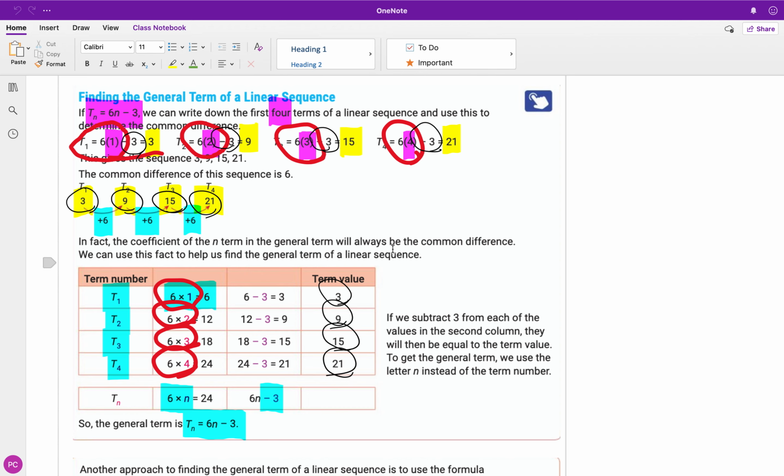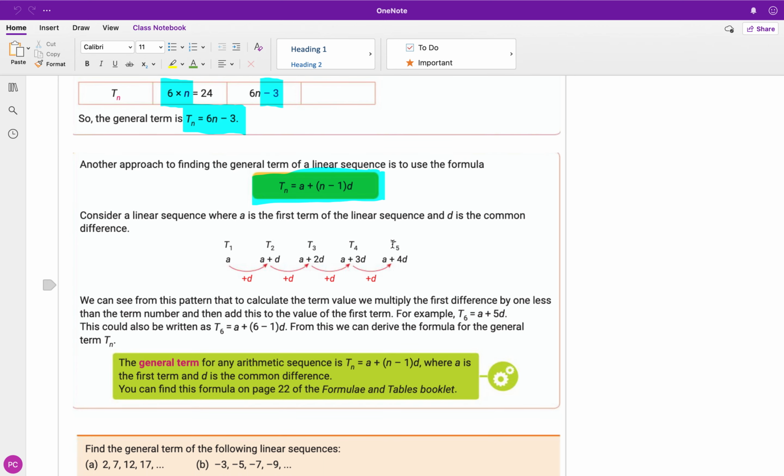Now, another way of finding it, and some people like working out tables of patterns. I want you to learn this formula here. To be honest, you don't even need to learn it, because there's a formula and tables book, and this equation is in that book, which you can take into your Junior Cert with you.